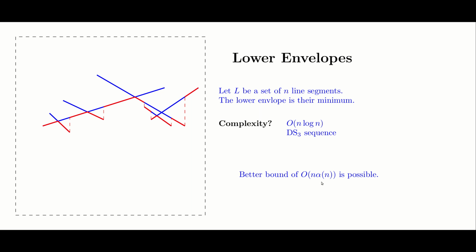We will not discuss the exact definition of inverse Ackermann function. You can find them in various other resources. But it suffices to say that the inverse Ackermann function is a very slowly growing function that is much smaller than log n. And also, this bound is tight, and in fact, we can create a set of line segments that achieve this bound.